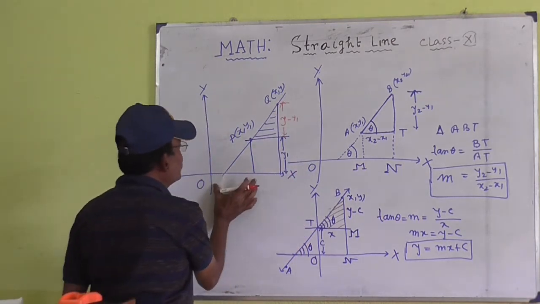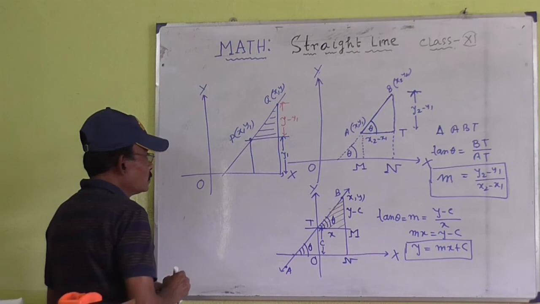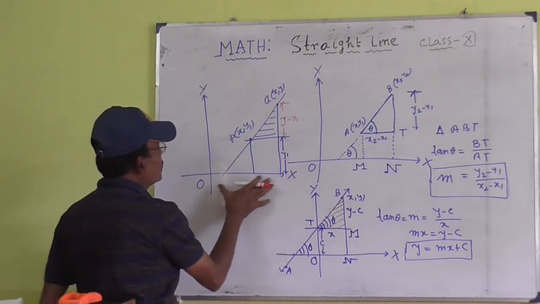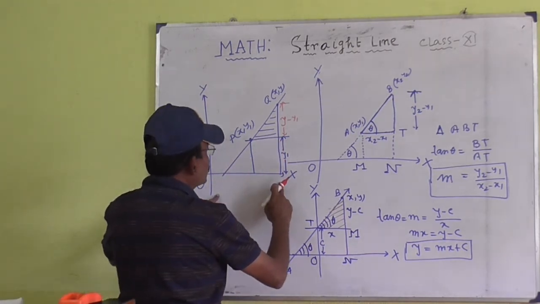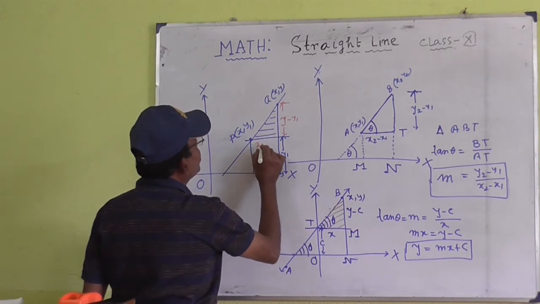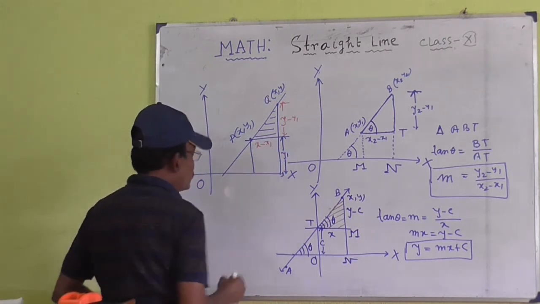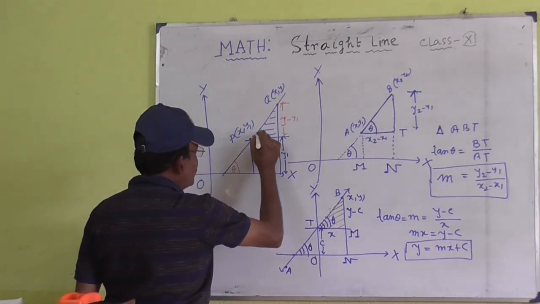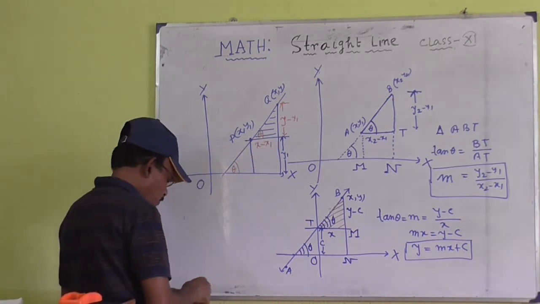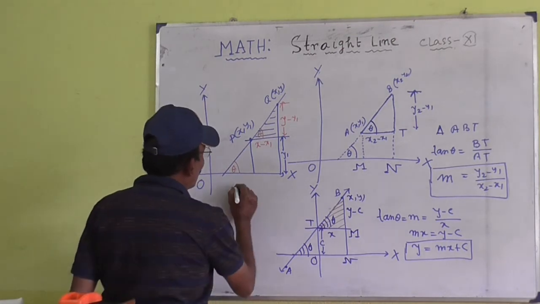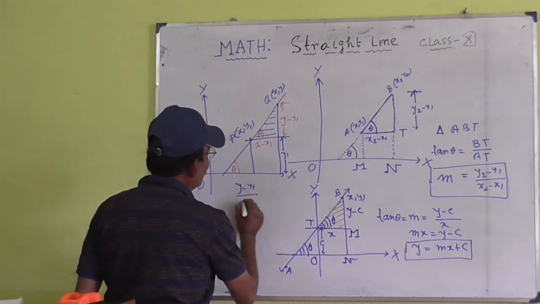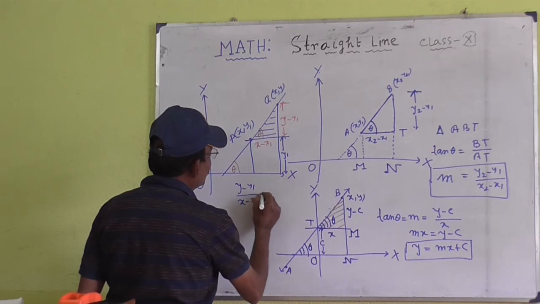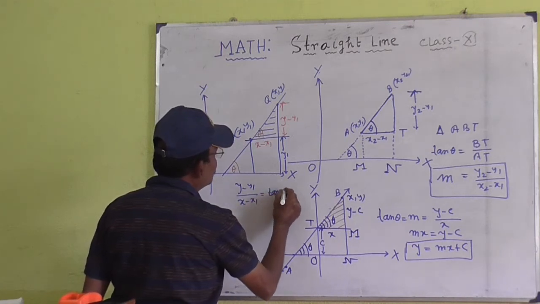Here this is x1 and this length is x. So this length will be x minus x1. Okay. If this angle is theta, then (y minus y1) by (x minus x1) is tan theta.